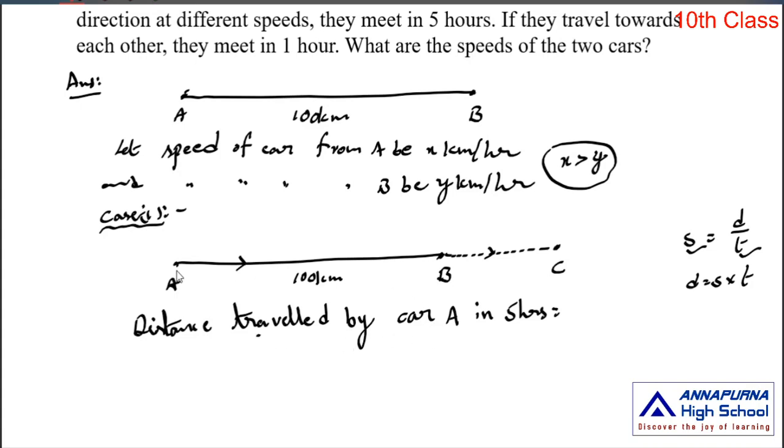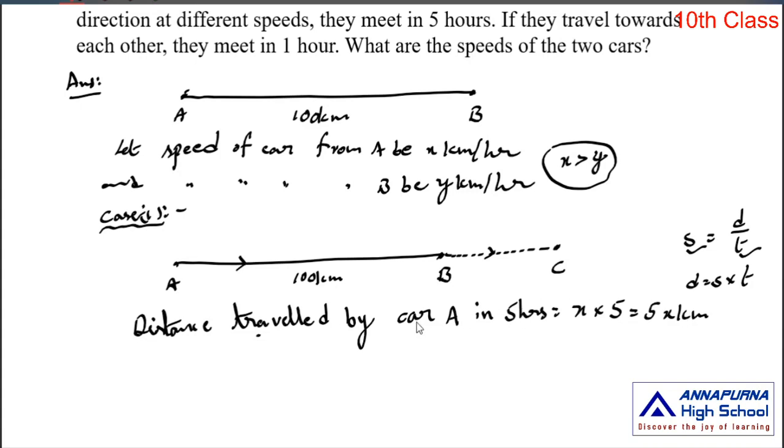That means one car starts from A, so we are finding that distance. So what is the speed of car A? It's x kilometers per hour. How much time does it travel? 5 hours. So how much distance does it cover in those 5 hours? Speed into time. Here the speed is x kilometers per hour and it travels 5 hours, so it is equal to 5x kilometers.